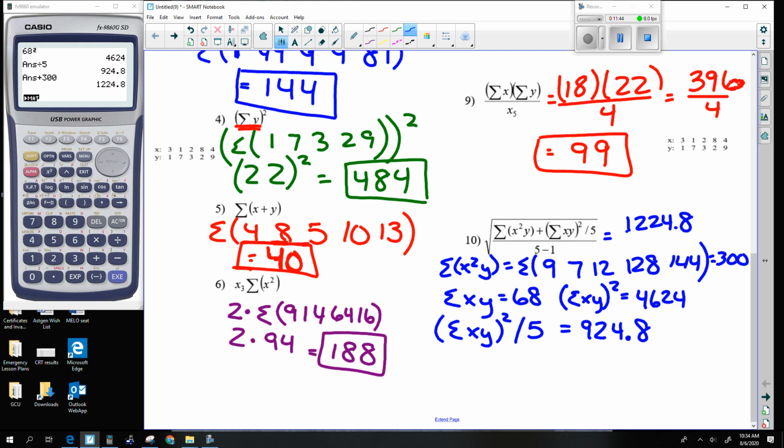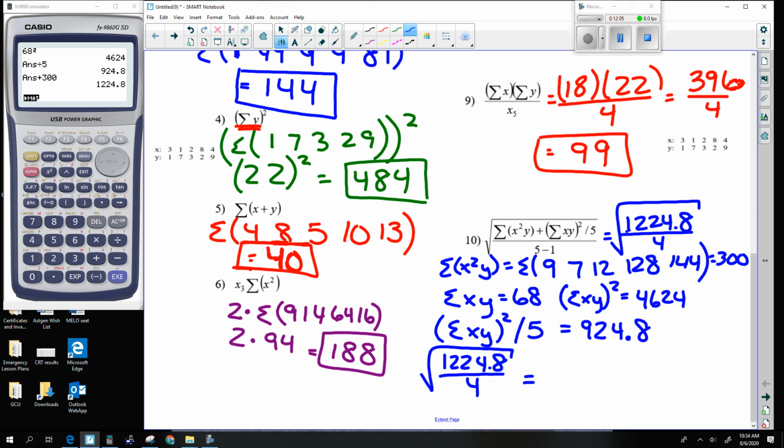That's the numerator. The denominator is 5 minus 1. And then don't forget that the whole thing is in the square root. So 1,224.8 divided by 4, square root. I can do this all in one step.